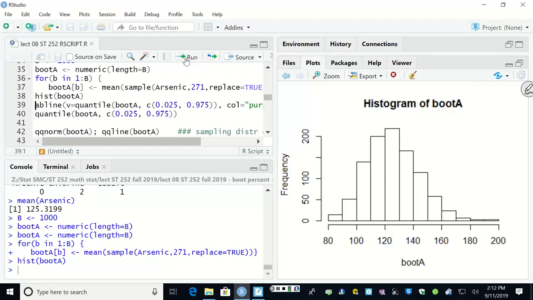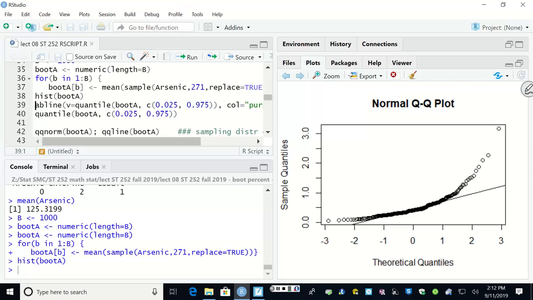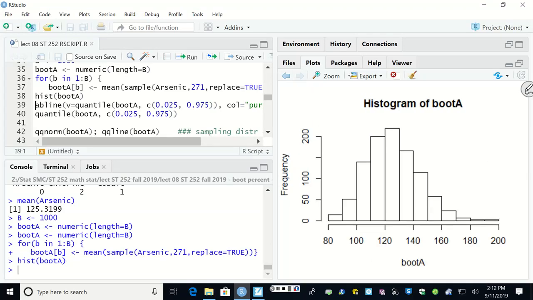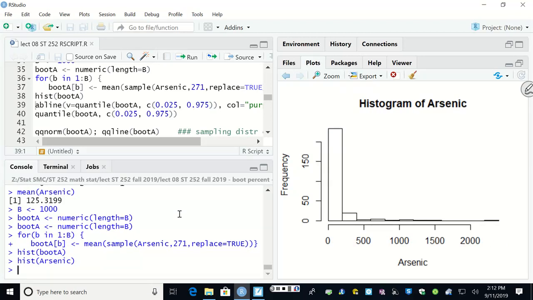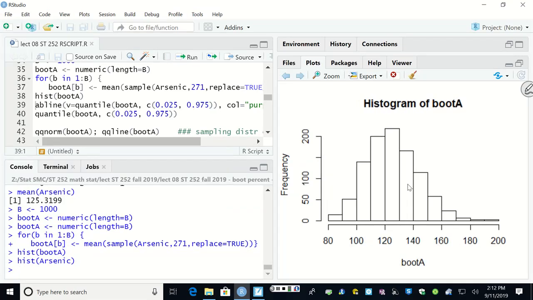The original data for arsenic, I don't know if I would have to go back a little bit. So the histogram for arsenic was like that, right? 0 up to past 2,000. Now the average of 271 is in a much more narrow range, and our average from before of 125 is pretty much right in there.